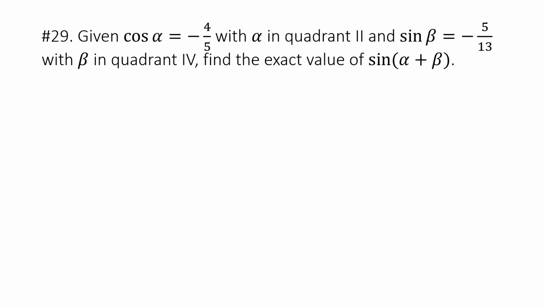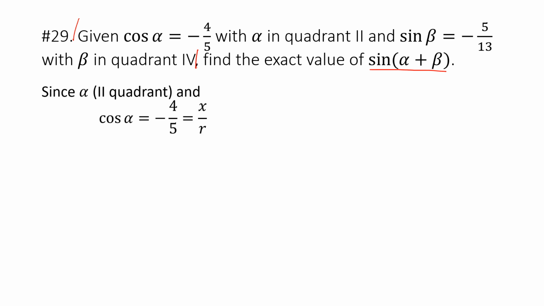Okay, given this condition, we want to find the exact value of sine alpha plus beta. This is a sine sum and difference formula, right? So first we have to find the alpha case and the beta case. Alpha is in the second quadrant, which means x value negative, y value positive. And cosine alpha is negative 4 over 5. Cosine is x over r.